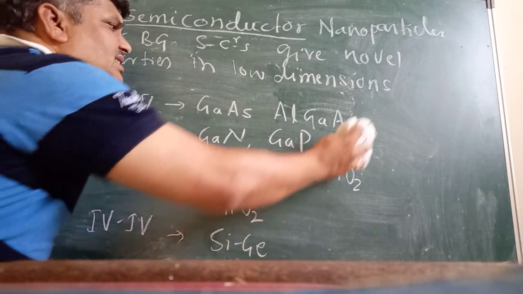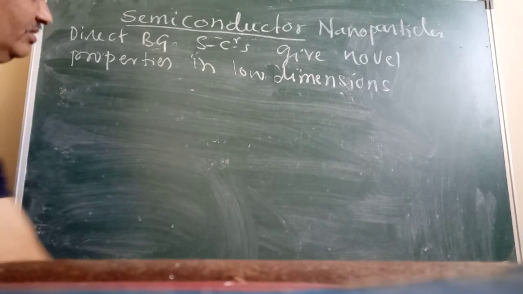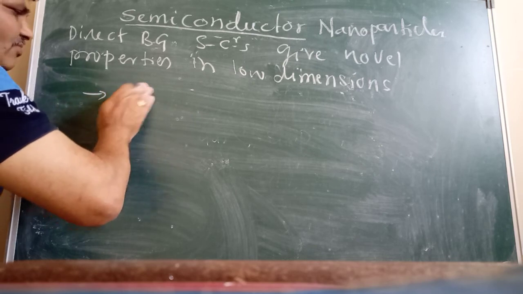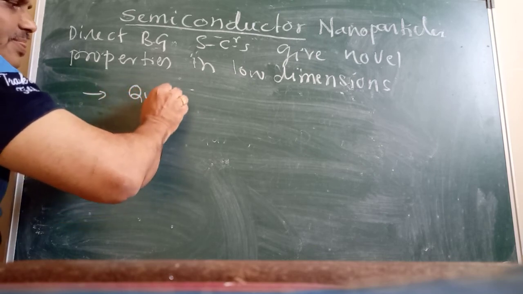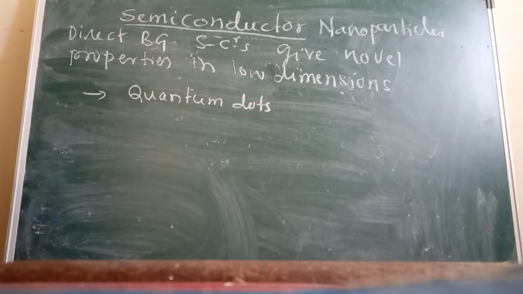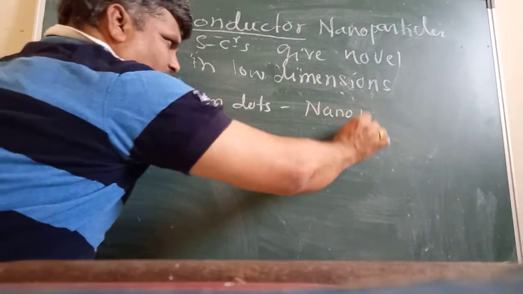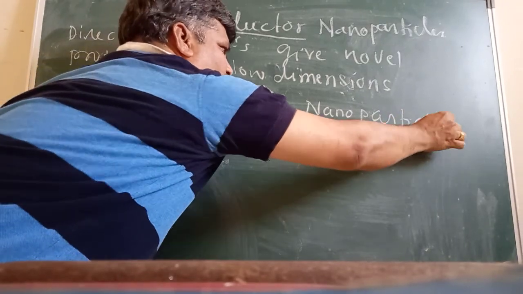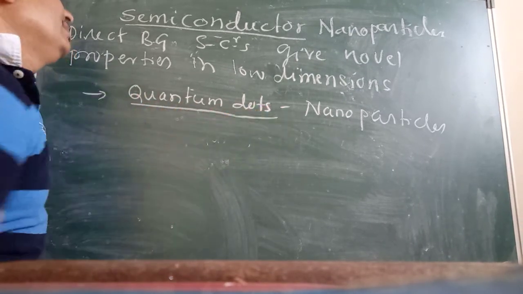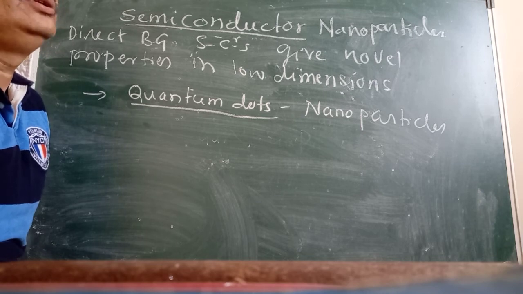Usually this direct bandgap is used in nanomaterials, specifically in quantum dots. Quantum dots are nanoparticles. Semiconductor nanoparticles have a lot of applications.